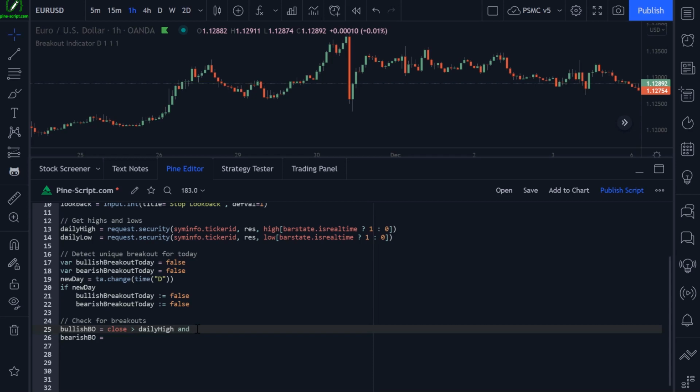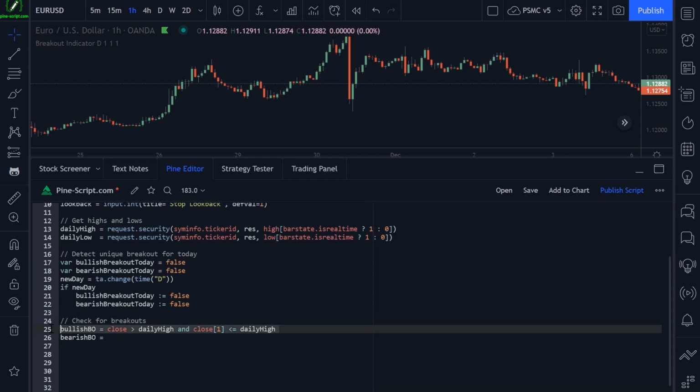And was the previous closing price on the intraday bar less than or equal to that same daily high value? Or in other words, is price action crossing above a previous high? So we want the previous bar to be below that high and the current bar to be above that high. And that signals to us that we've had a breakout.